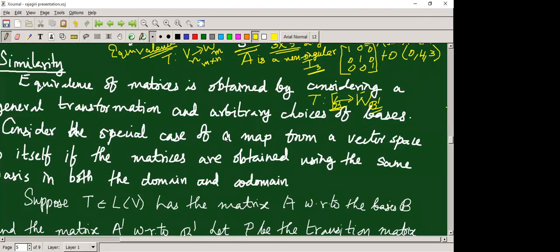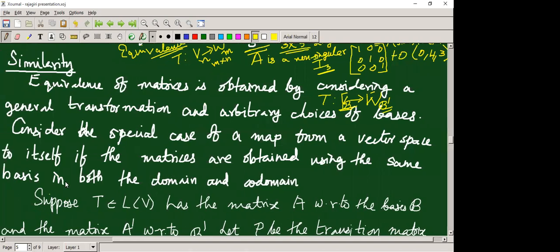So consider the special case of a map from a vector space to itself, where the matrices are obtained using the same basis in both the domain and codomain.